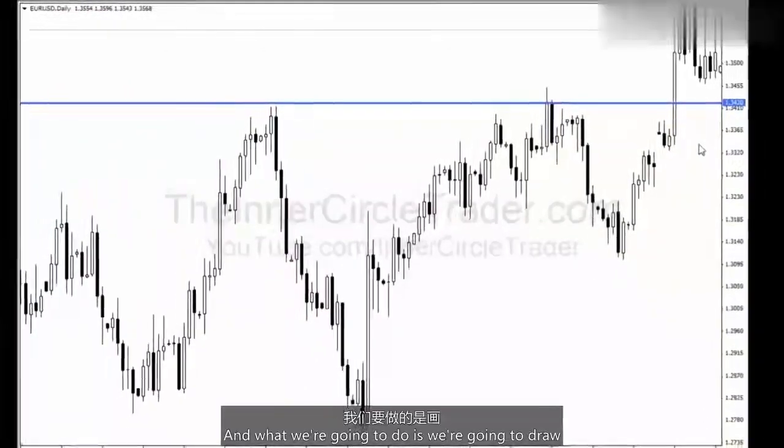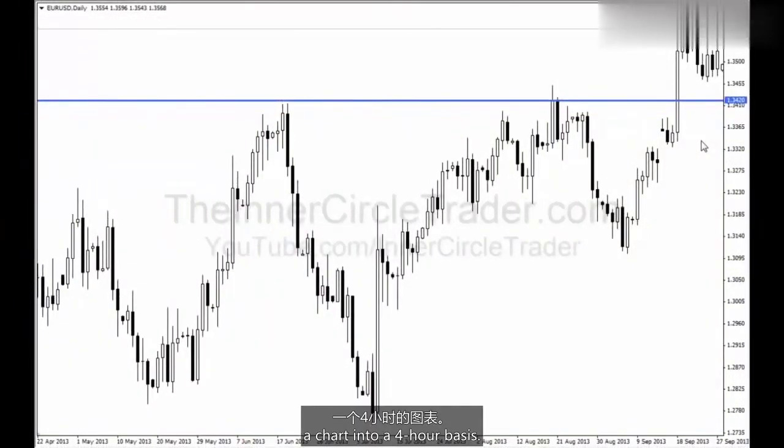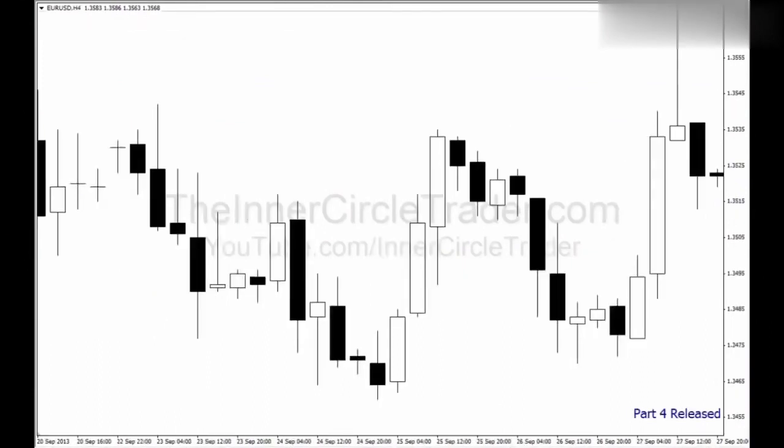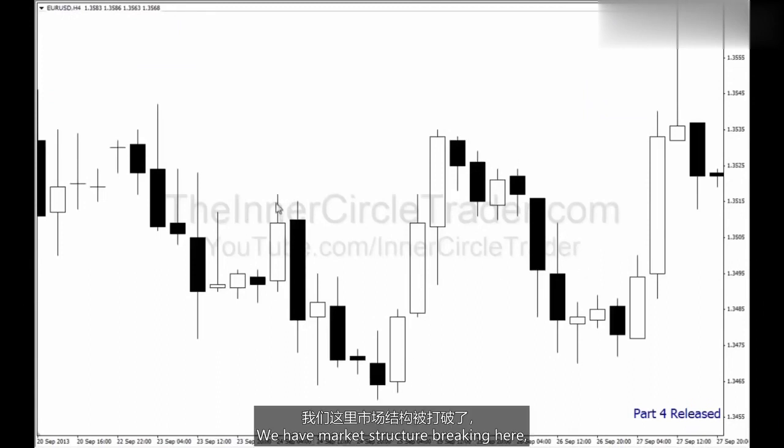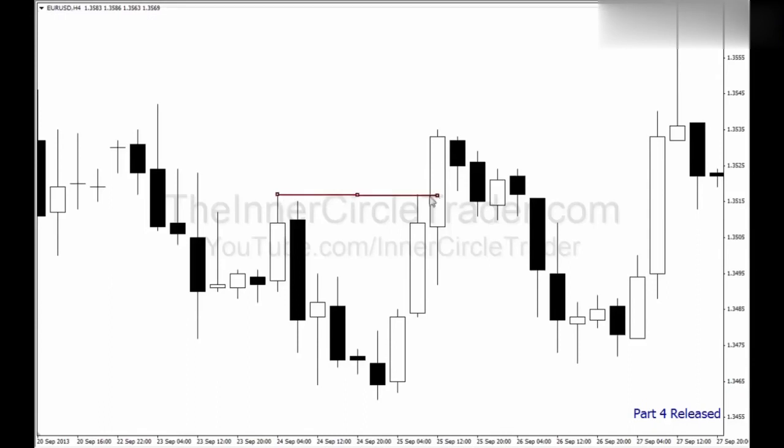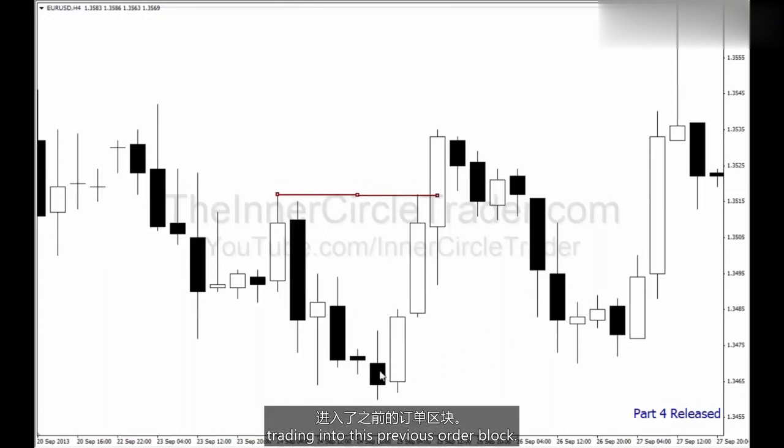And what we're going to do is we're going to draw our chart into a 4-hour basis. And again, that 34.20 level, keep that in mind. Okay, we have the 4-hour chart here. We have market structure breaking here, breaking this high here, coming back down, trading into this previous order block.